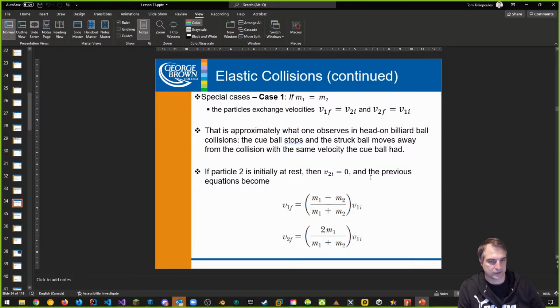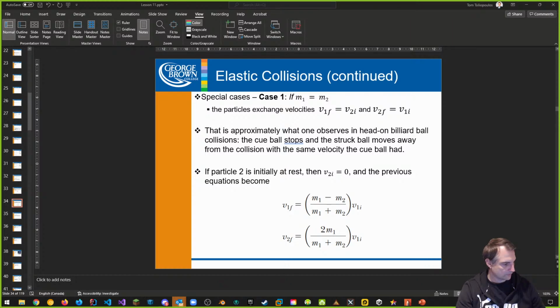Okay, here are some special cases when it comes to elastic collisions. What happens when we have two collisions, as an example, with two masses that are the exact same, M1 is equal to M2? What happens in that case?